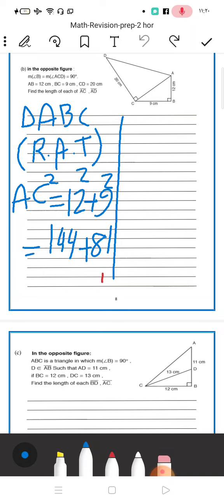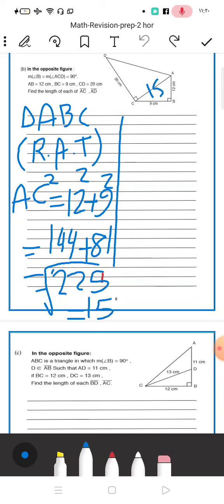It will be equal to 225. So the length of this side equals the square root of 225, and it will be 15. So the length of AC equals 15 centimeters.